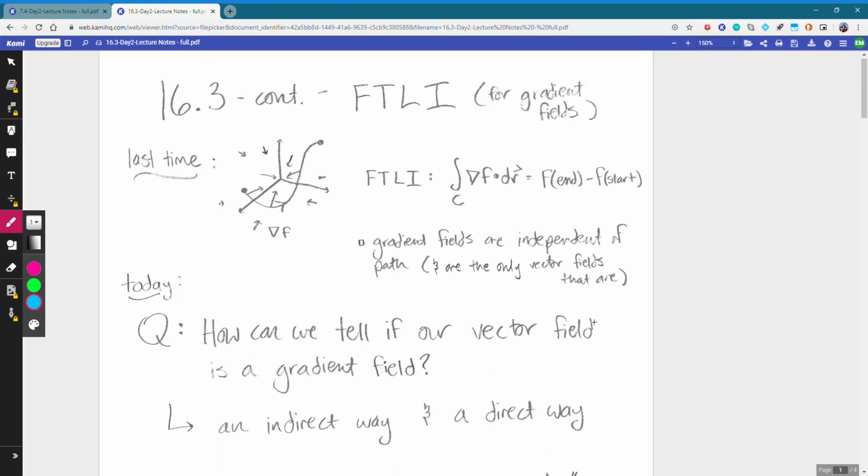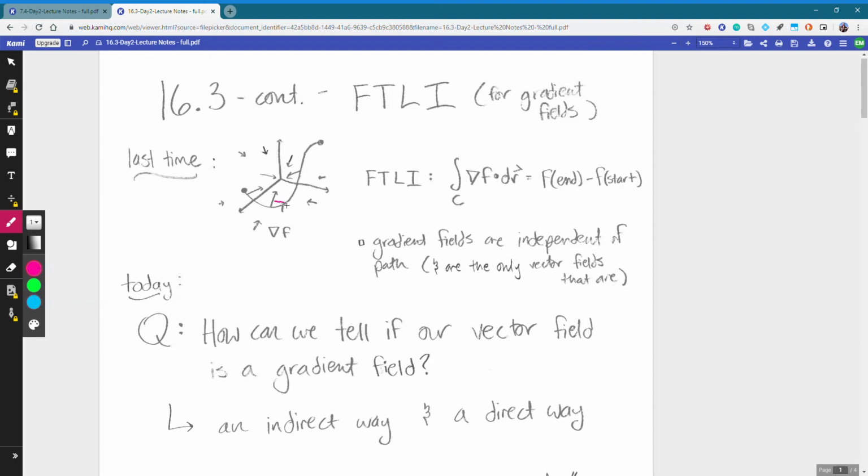Instead of integrating f prime over an interval, we saw that for integrating the gradient of a function over a curve, the result is the same as before: we get the net change in f, just f of the endpoint minus f of the start point of our curve.